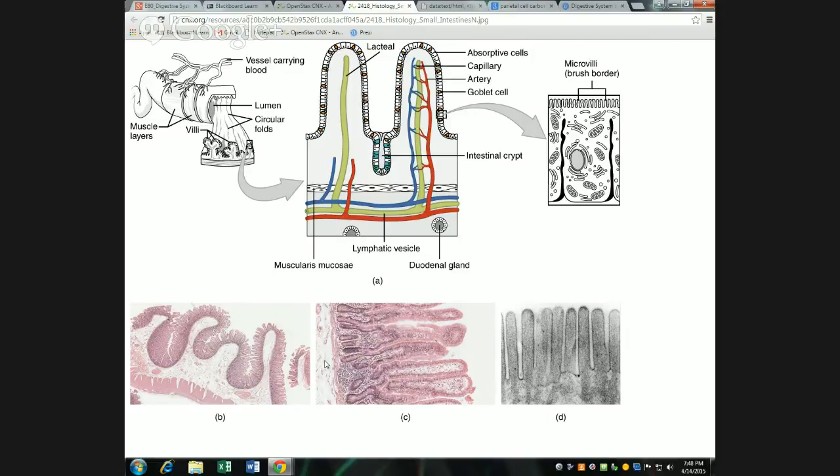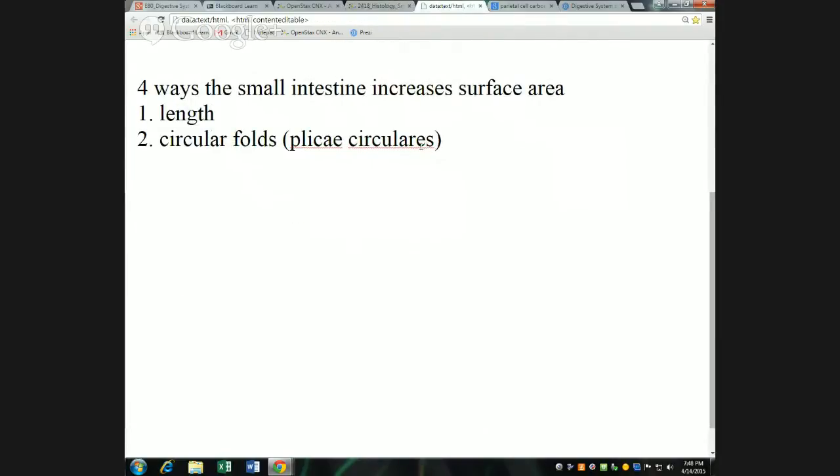If we were to straighten this out, we would probably get it to be several times longer than it actually is. And so these circular folds will increase the surface area yet again. So if we went from 15 centimeters in length to 300 centimeters in length with just the basic length of the tubes, within the surface of the small intestine, those circular folds make that overall length a lot longer.